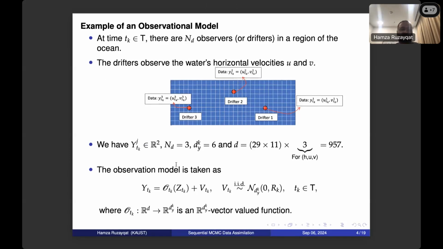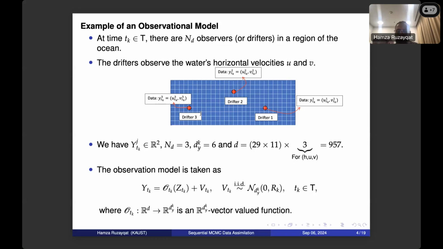As an example of an observational model where the locations of the observers are unknown or random, consider the following. At time t_k, we have N_D observers, or drifters, for example in the ocean, in a specific region of the ocean. These drifters observe the water's horizontal velocities u and v.